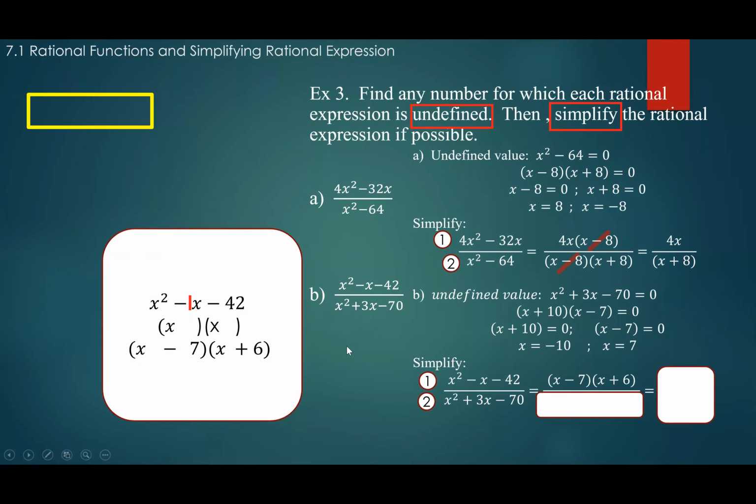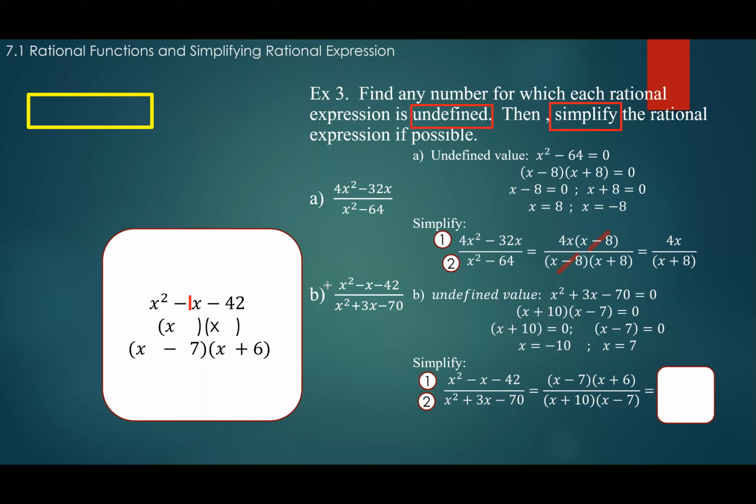On the denominator, we already factored it. The denominator is x plus 10, x minus 7. So the problem is solved. I agree with you 100%. It looks different, but how we derive our answer is just what we've been doing.